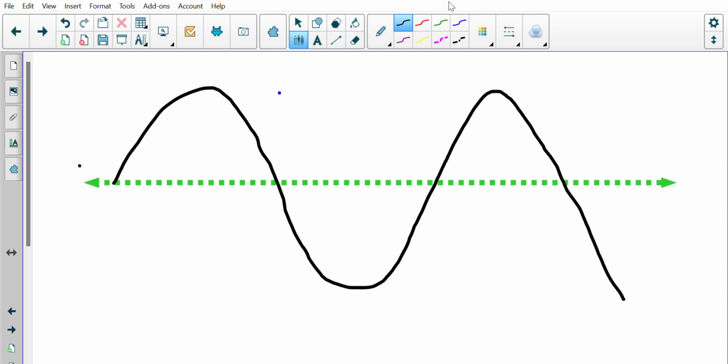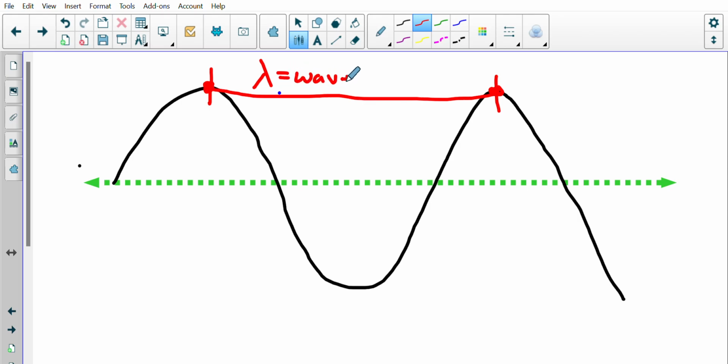And so again, the distance between our crests, so the tops of the waves, if you will, that is our wavelength. Now it's got a funny symbol, and that funny symbol is lambda. It's a Greek letter, and again, that is our wavelength.